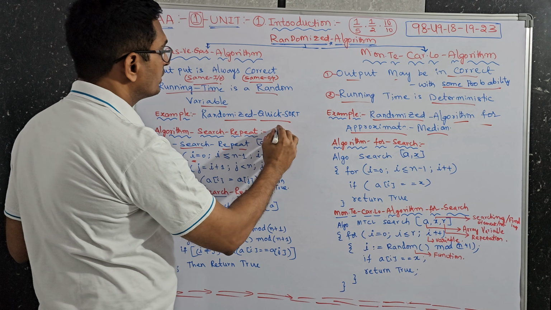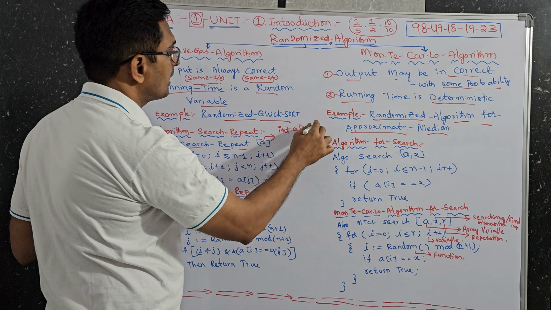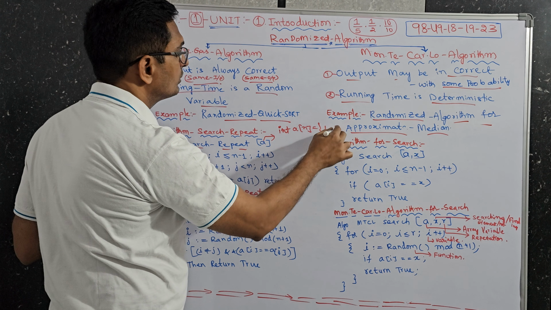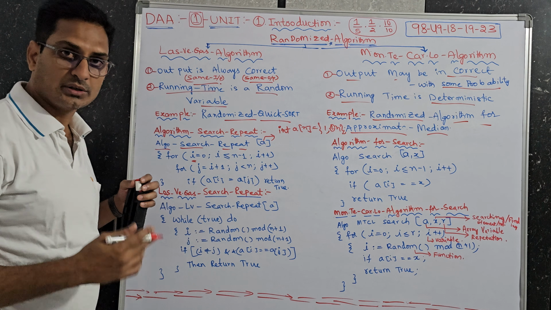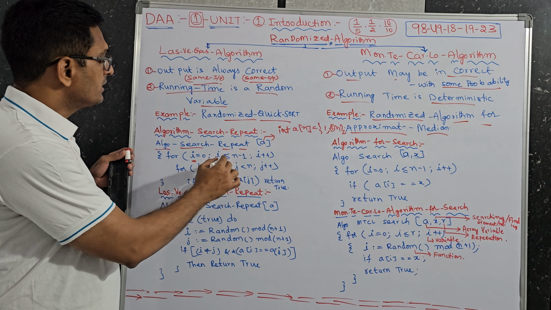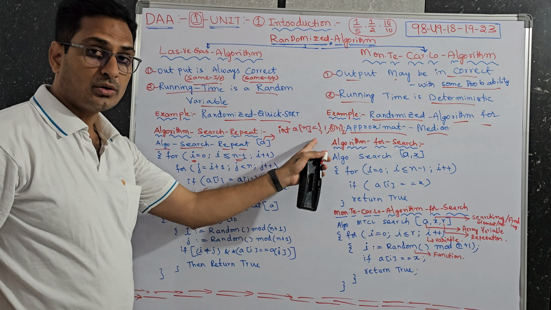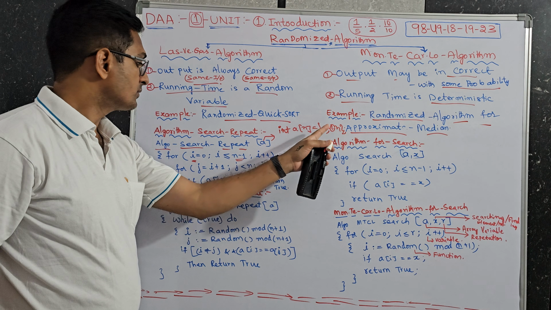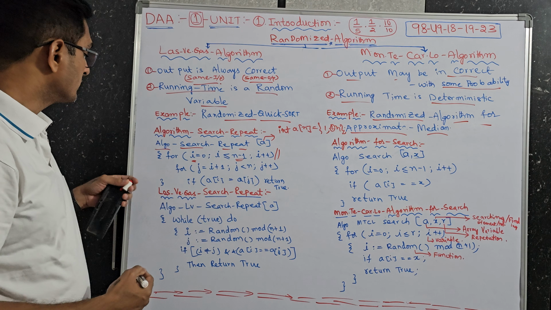For example, as I told you in my previous video, int A of n elements, from 1 up to n. We need to search. So I is 0 and I is less than or equal to n minus 1, because the index starts from 0, and I plus plus. We are repeating and searching all the elements.